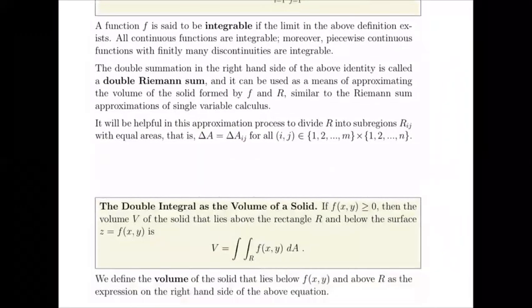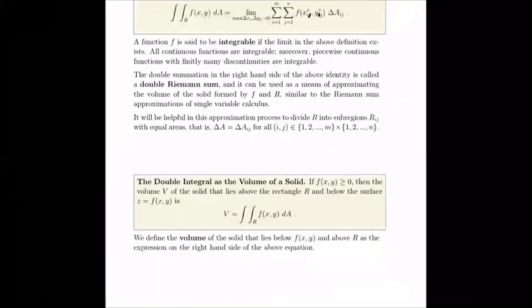Okay, so if the function f of x, y is greater than or equal to 0 over the region R that we're integrating it on, then we'll interpret this integral as the volume of this solid bounded by f from above and the region R in the plane xy below.